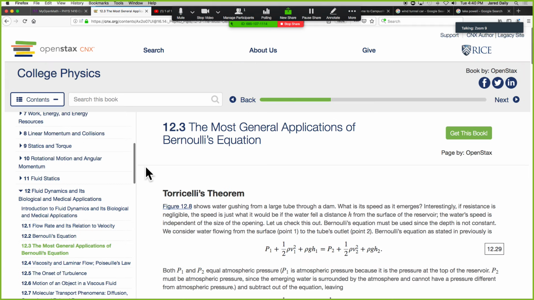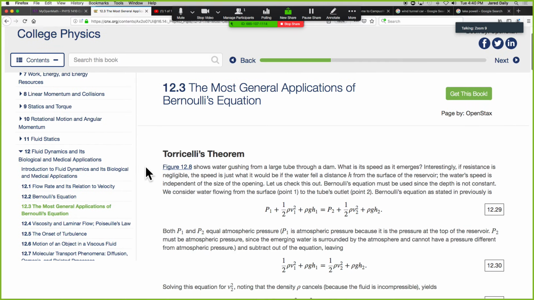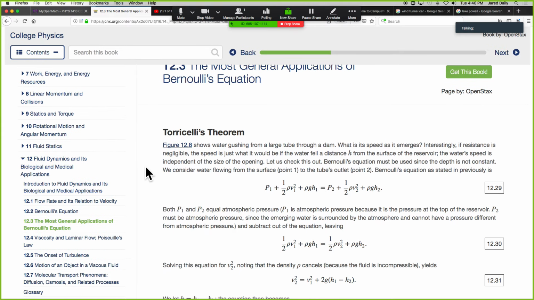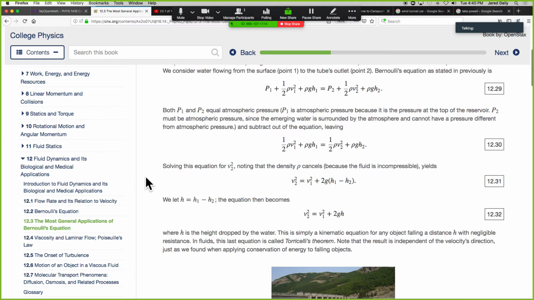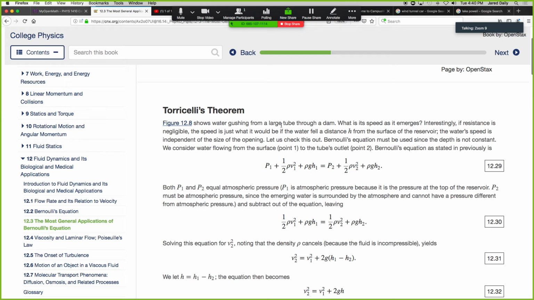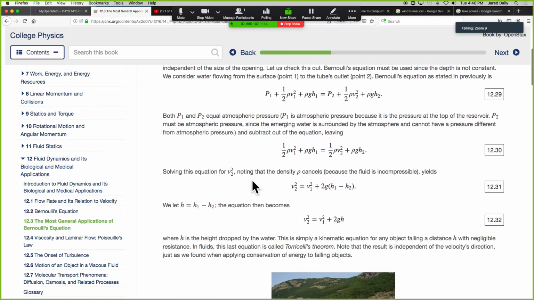And then we have Torricelli's theorem. In Torricelli's theorem, you essentially solve this equation for the final velocity of something if it passes through a change of height, from height 1 to height 2, right there.